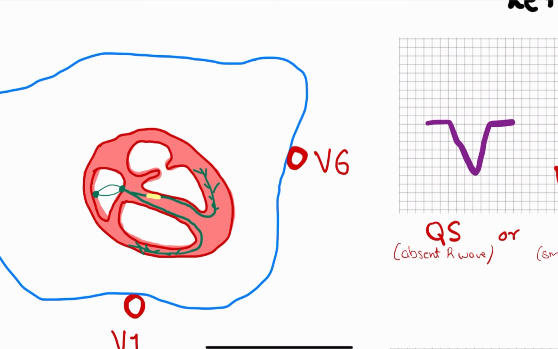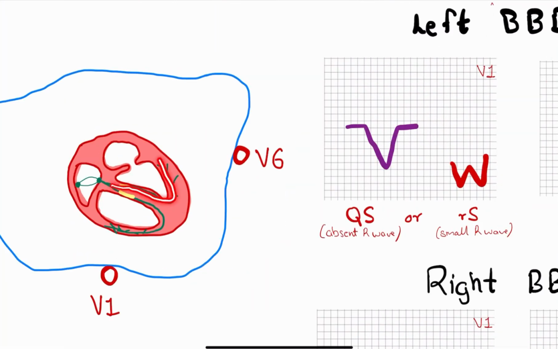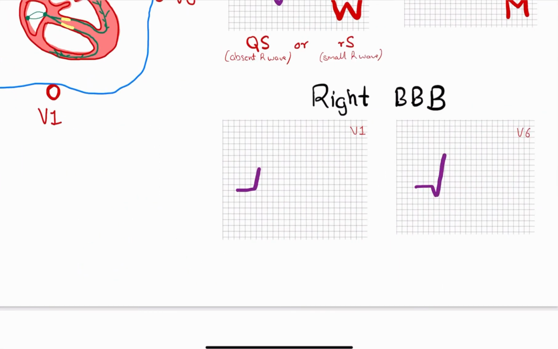Now, if there is right bundle branch block, the initial part is similar to normal. That is, the waves will move from left side to right side. So positive deflection on lead V1 and negative on lead V6. As the signals reach the left ventricle from the left bundle branch, the waves will be directed towards lead V6. So positive deflection on lead V6 and negative on lead V1.